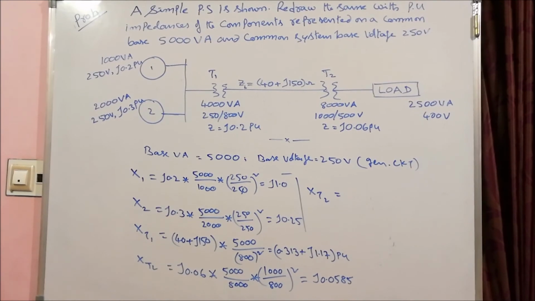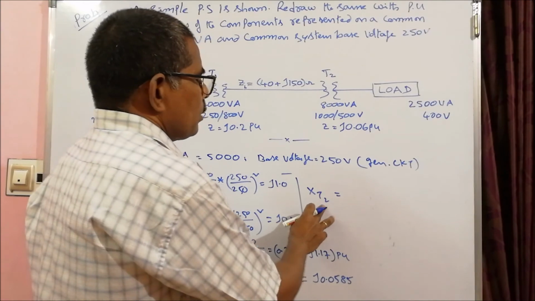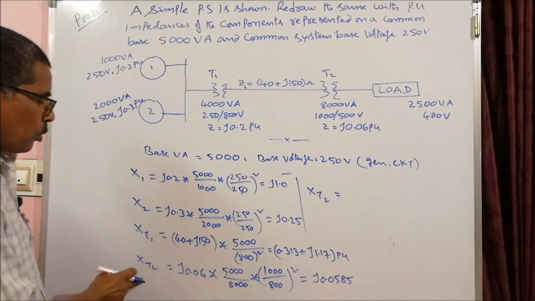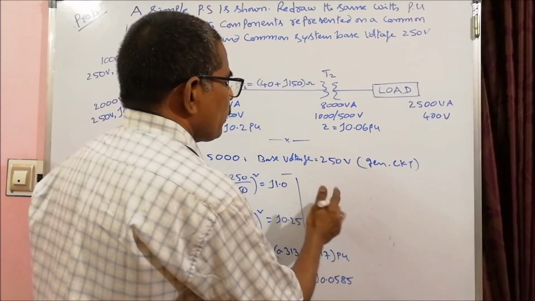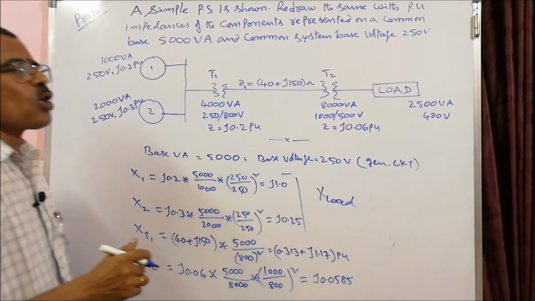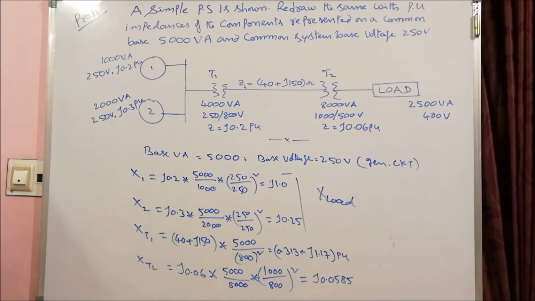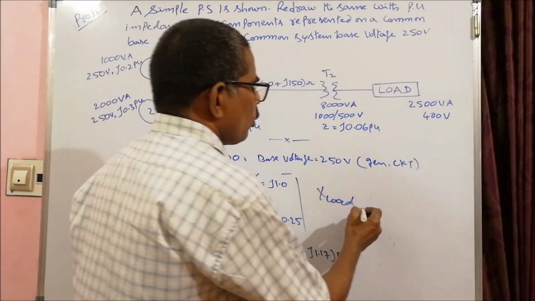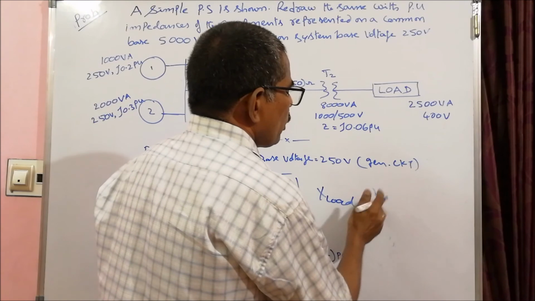So machine 1, machine 2, then transformer 1 and the transmission line are over, and then XT2 is over, is it not? Then XL, the load. For the load, impedance is not given, so you can just calculate the per unit volt amperes.